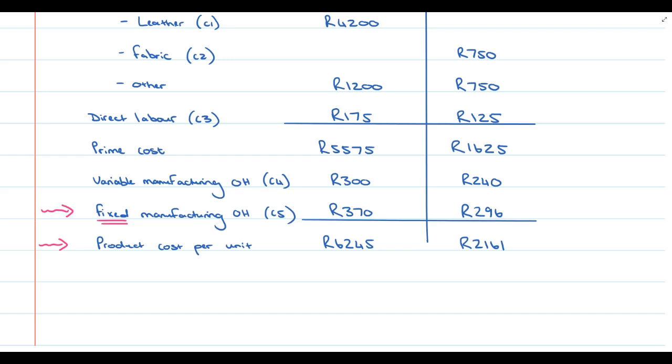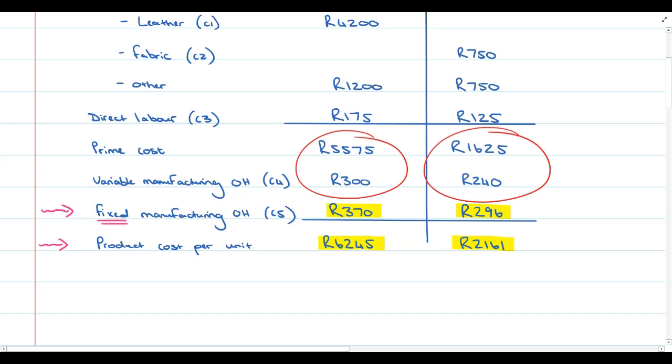And what you needed to identify here, guys, is you can see that these fixed manufacturing overheads over here are a very small percentage of the total product cost per unit. The vast majority of the product costs actually comprise of variable costs.